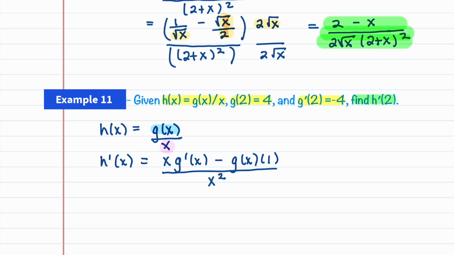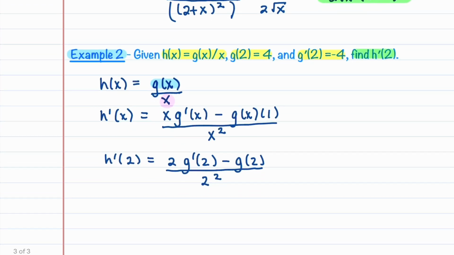Now we're going to substitute in that x is equal to 2. So we have h prime at 2 is 2 times g prime at 2 minus g of 2, and we're going to divide this by 2 squared.